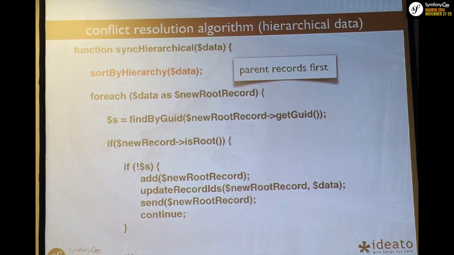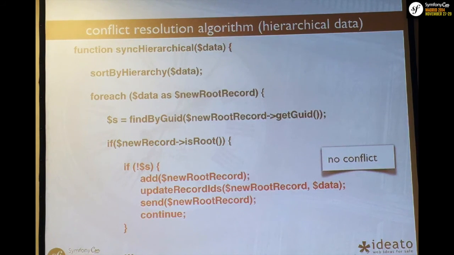After that, if the record is a root record, and if it's not present on the server, basically you have no conflict. So you need to add this record on the server and then update the reference coming from the mobile client, okay? And then you just need to produce a response for the client itself.